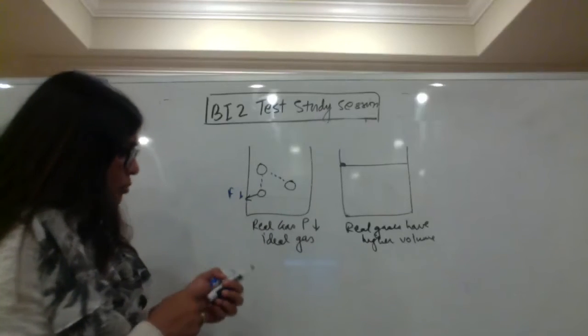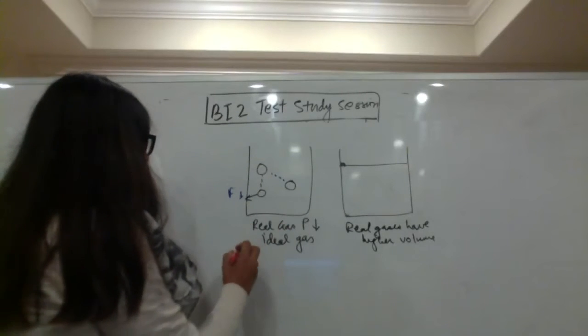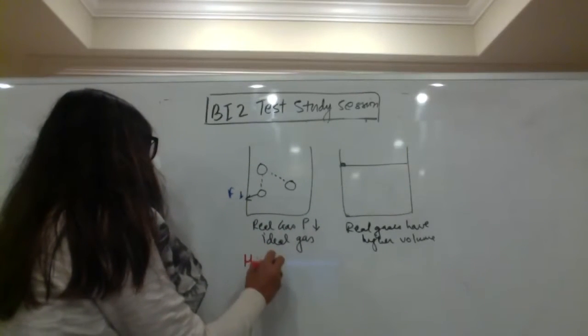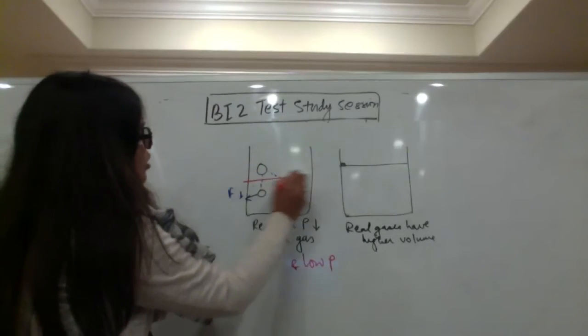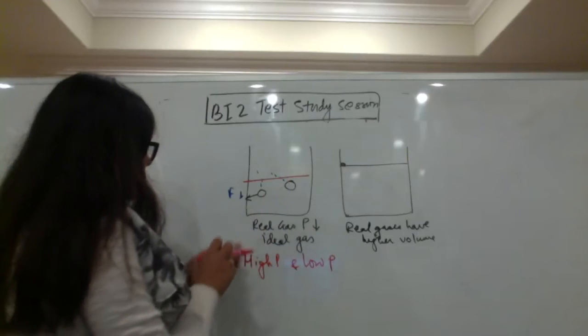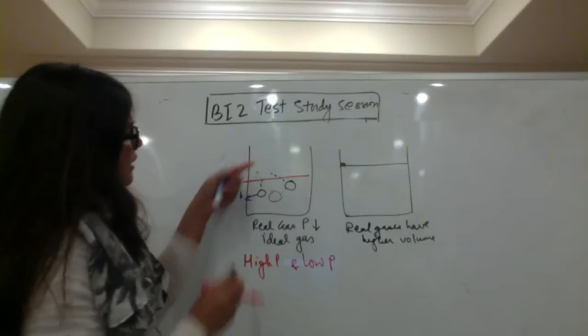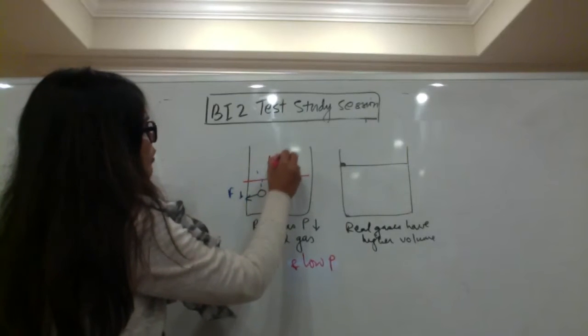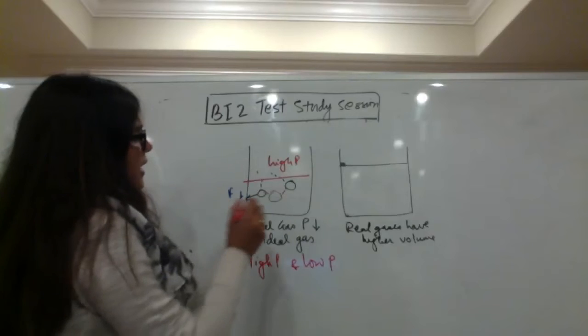This effect is more pronounced at high pressure. The deviation is greater at high pressure and low temperature. At high pressure, all of these molecules will be scrunched together and the overall volume is lower. Two things are happening. A, the IMFs are increasing.